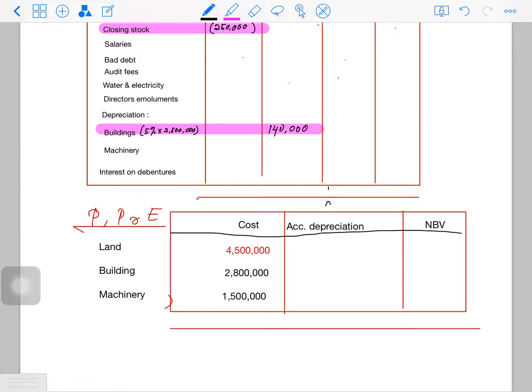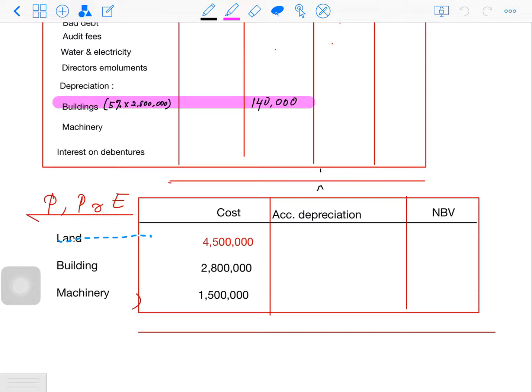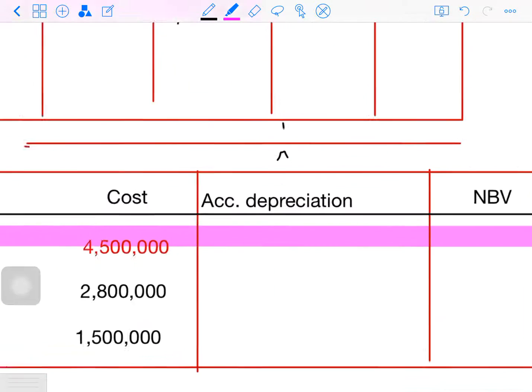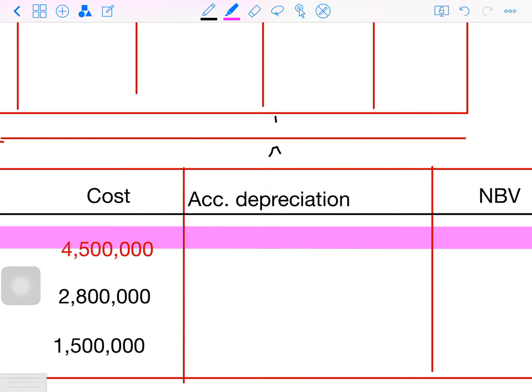So you have to put it in your property, plant and equipment: 370 plus 140 is $510,000. That is your accumulated depreciation for the building.